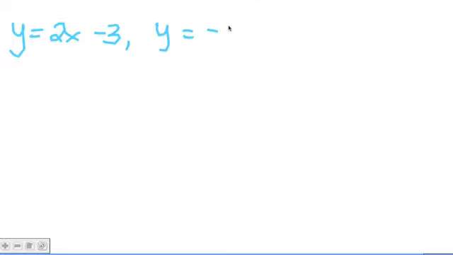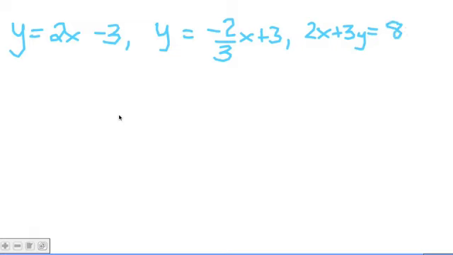Y equals negative 2/3 x plus 3. 2x plus 3y equals 8. And then I have one, it's a little bit longer, so I'm going to write it down here. Y plus 1 equals 3 times x minus 3.